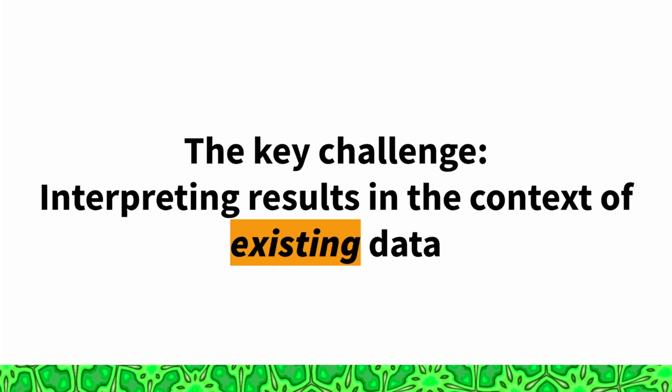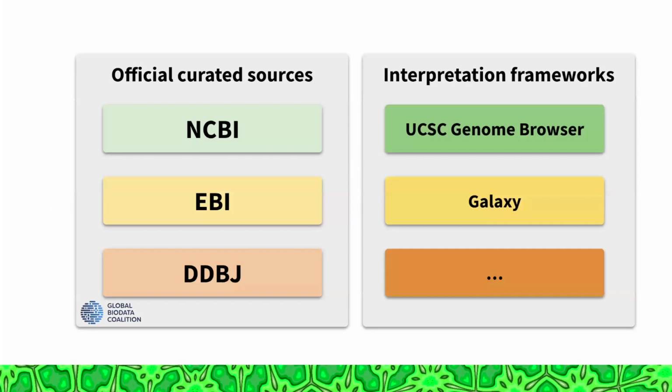How do I map gene names from this build to that build? How do I change formats and things like that? So it's really not a joke to say that the key challenge is interpreting results in the context of existing data, knowing where this data is, and being able to take full advantage of it.